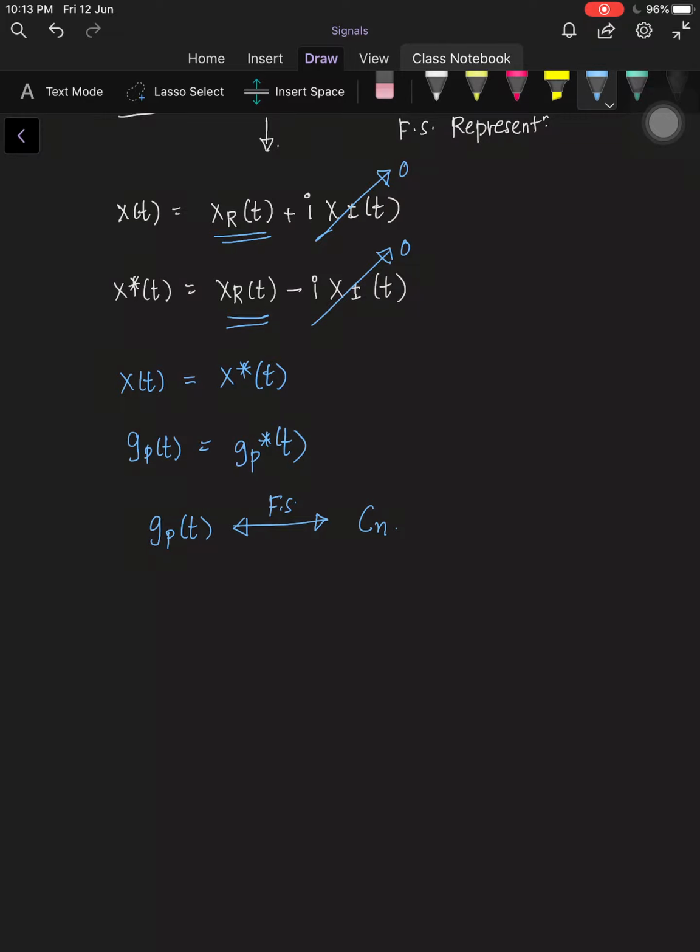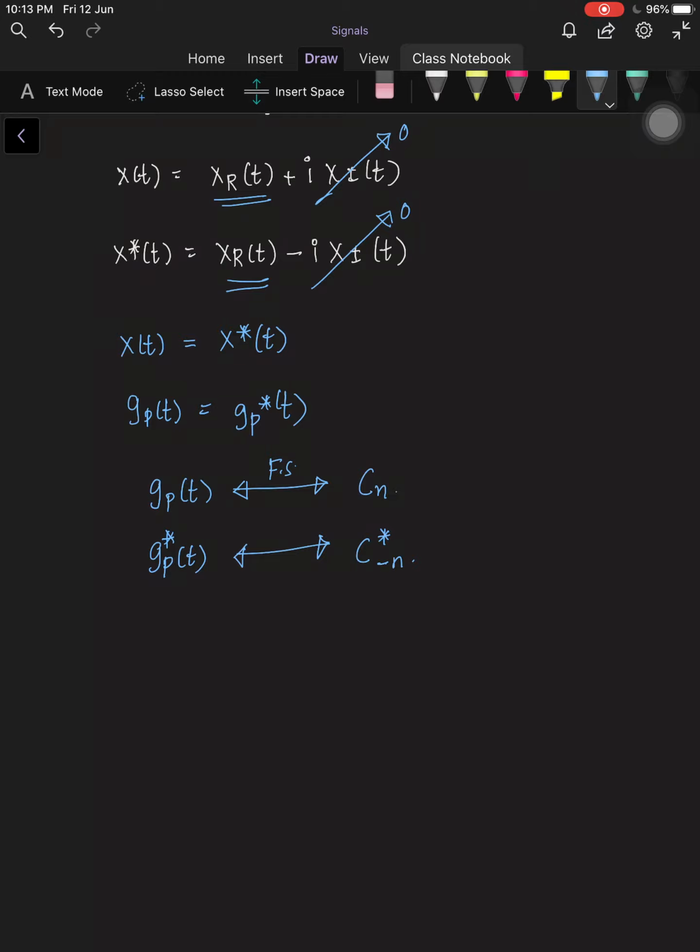And we also know from the complex conjugate property that gp star gives C star of minus n. These are some properties that I expect you to know before solving such questions. These are not advanced concepts, these are the bare minimum basics that you should know before solving any GATE question.